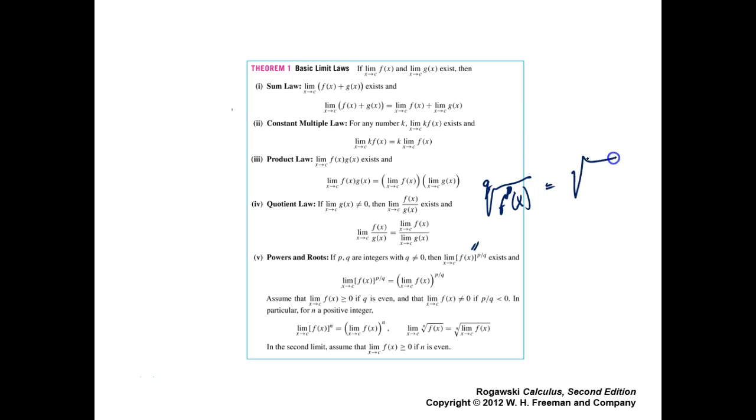The qth root of f of x and the whole thing raised to the pth power. So you can either raise the power inside the radical or raise the power outside the radical. Okay? Either way works, but it's always the qth root of the function raised to the pth power or the qth root of the function, and that's raised to the pth power.